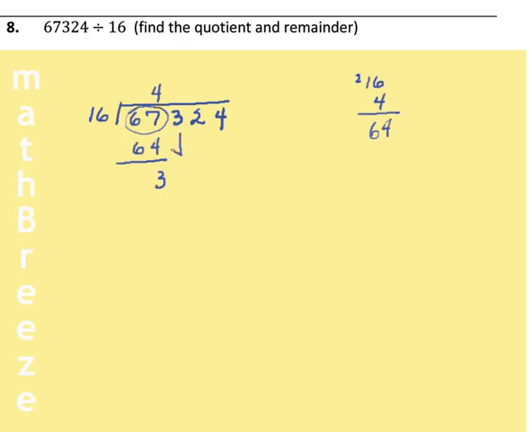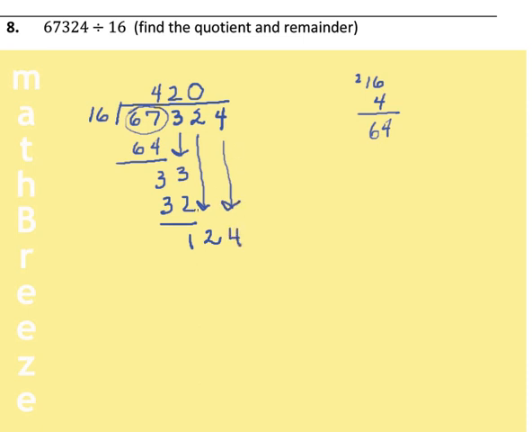Bring down the 3. 16 goes into 33 2 times. 2 times 16 is 32. Subtract, we have 1. And now bring down the 2. 16 doesn't go into 12, so we're going to put a 0 here. And then let's bring down the 4.